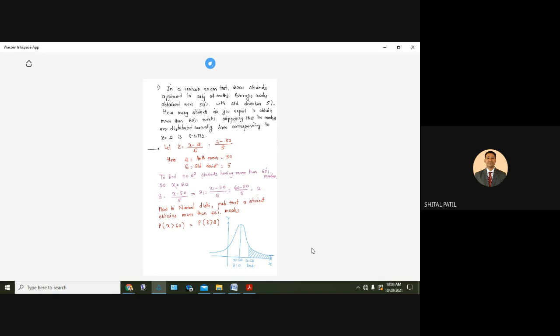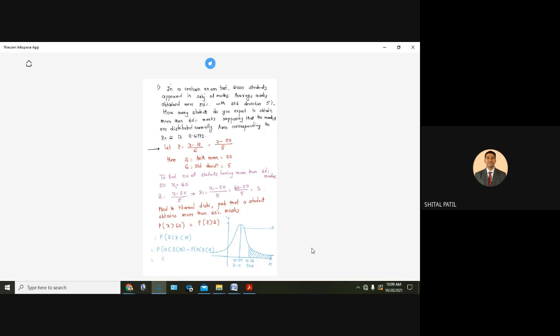So how can we do this? Probability of z between 2 and infinity, since more than 2 means 2 to infinity. This is the probability that z is from 0 to infinity, the total part, minus the probability from z equal to 0 to 2.